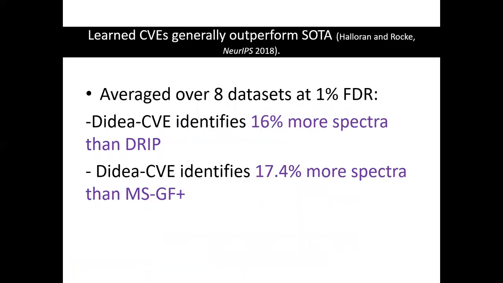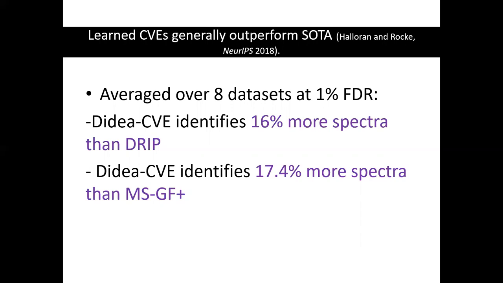And just to summarize the performance benefits of concave training using CVEs as your emission functions, we'll summarize the average performance over all 8 data sets evaluated at a very stringent 1% FDR.